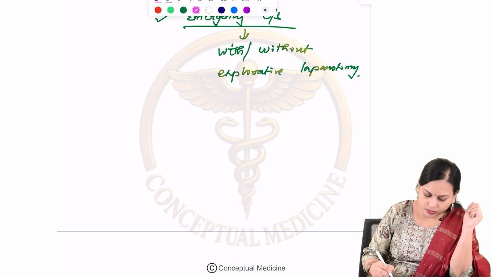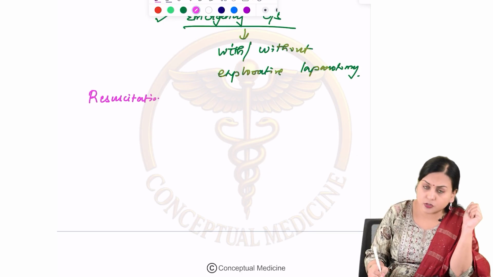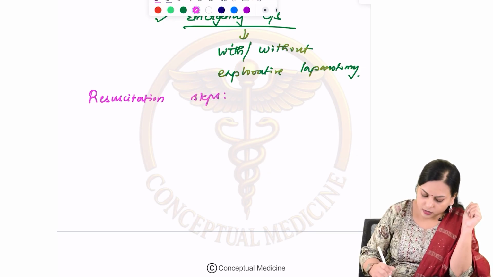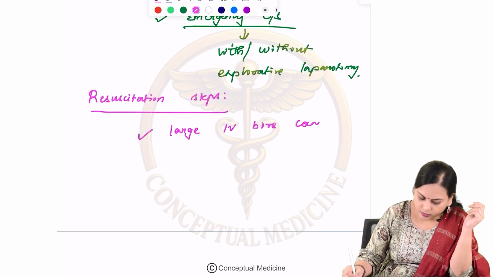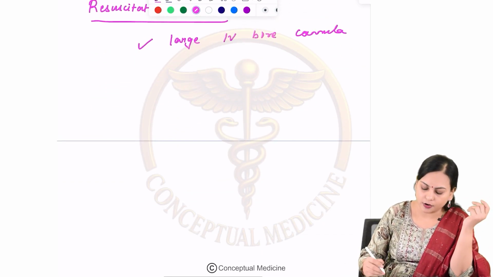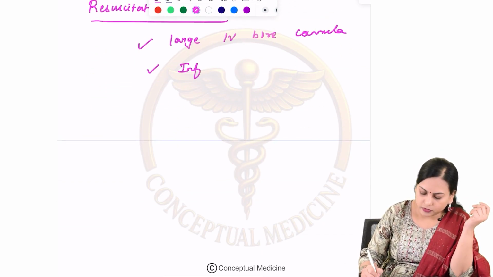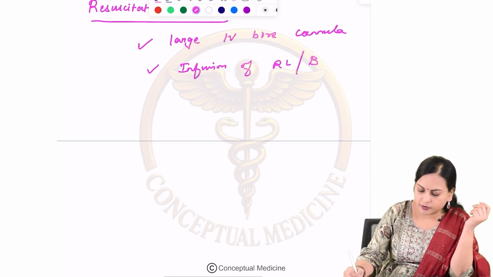Okay. Now, we will see what are the resuscitation steps you should do. You should get access with a large bore IV cannula, or sometimes central venous access can also be obtained. You have to do infusion of ringer lactate or blood transfusion as needed.